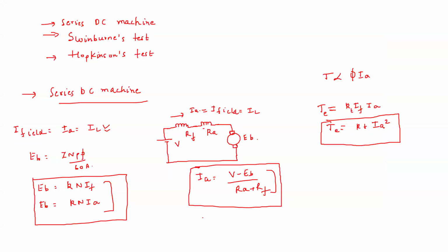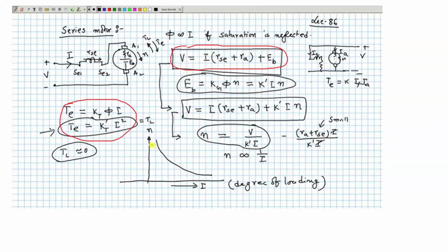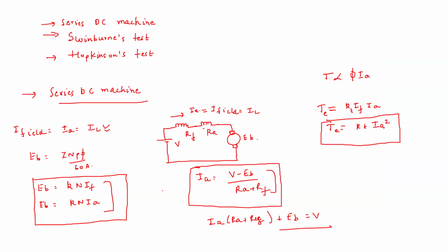If I write it in a simpler manner, it becomes IA into RA plus RF plus EB is equal to V. And we know that EB is also proportional to N into IA, so I'll write V as this plus EB, with the expression of EB as KN IA.